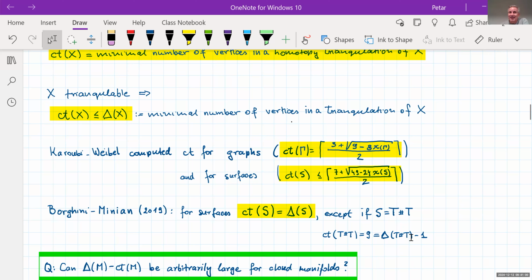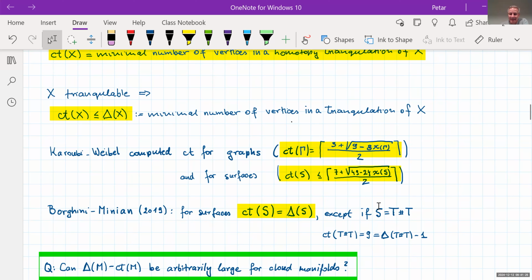This simply means that normally you think that if you have a closed manifold, then a minimal triangulation of a closed manifold should be something very efficient. It is hard to think of something which is homotopy equivalent to this with a smaller number of vertices, smaller number of simplices.